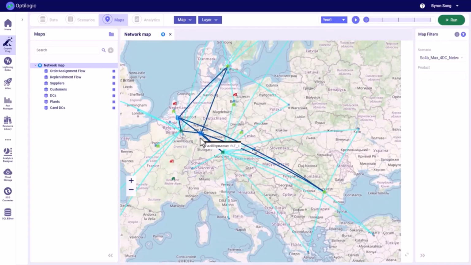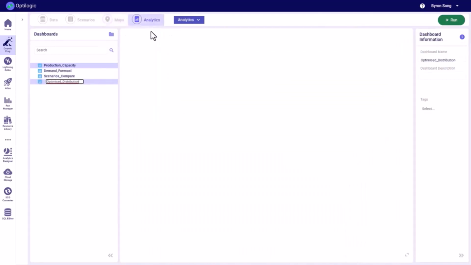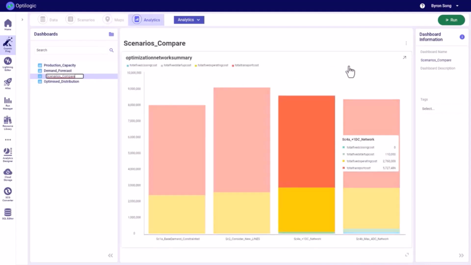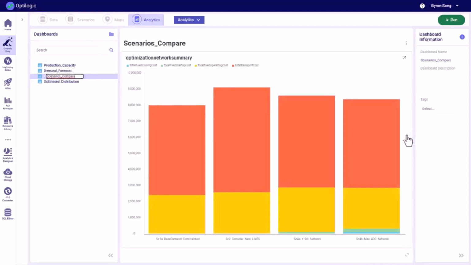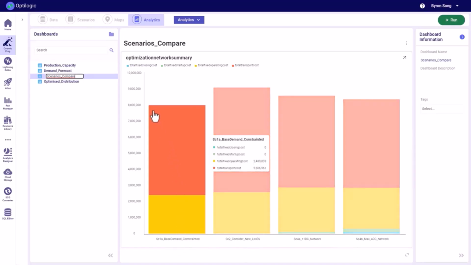Now, to summarize, we can have a look at the scenario comparison dashboard. This shows the total supply chain cost in all of the scenarios. In the baseline, we see there's actually a low cost, but that's because we are not serving all of the demand.